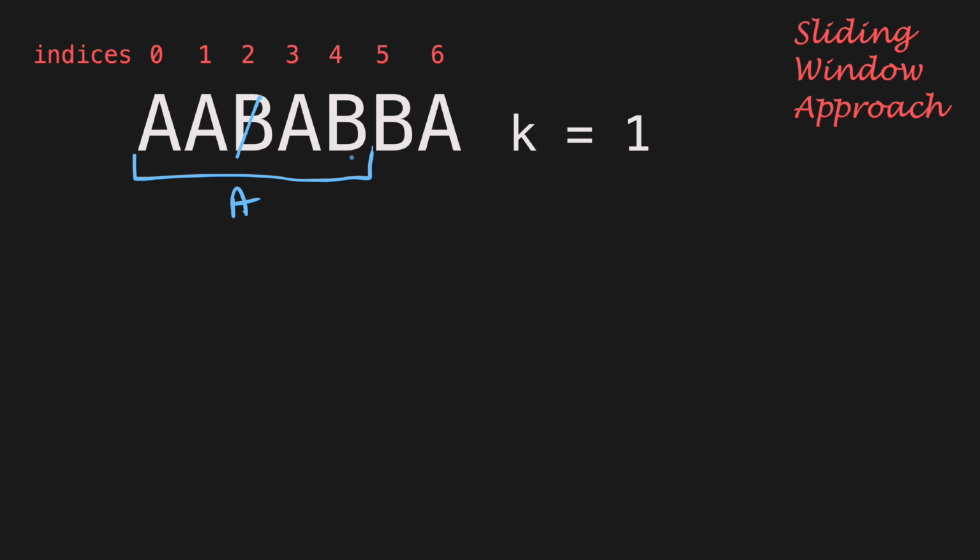So now, do we really need to check the remaining substrings starting with this A? The answer is no, because any subsequent substrings that include this invalid substring will only grow longer and remain invalid.